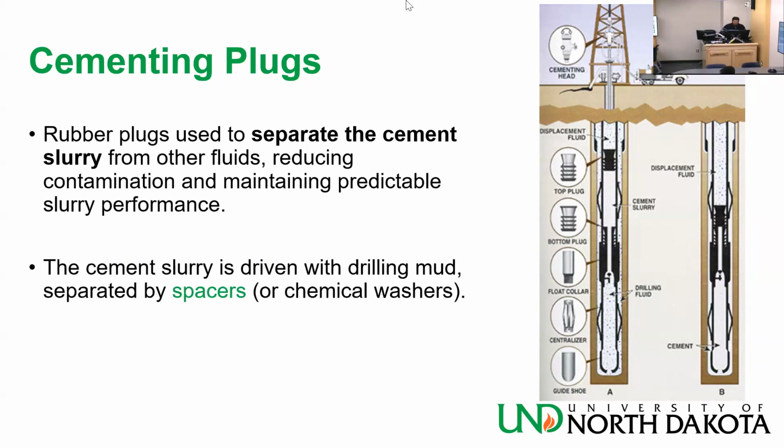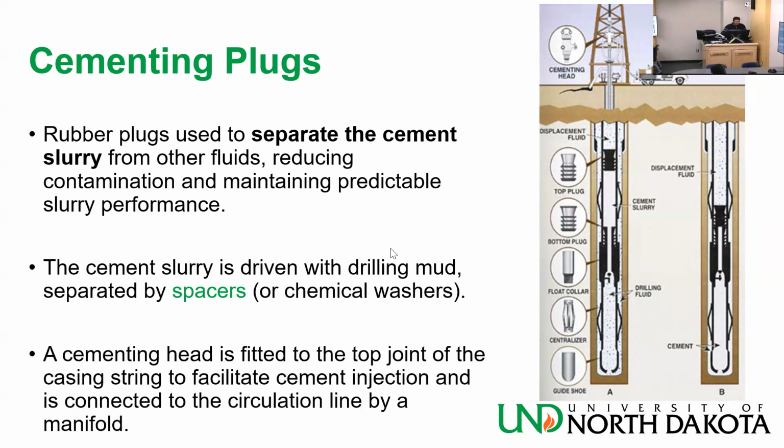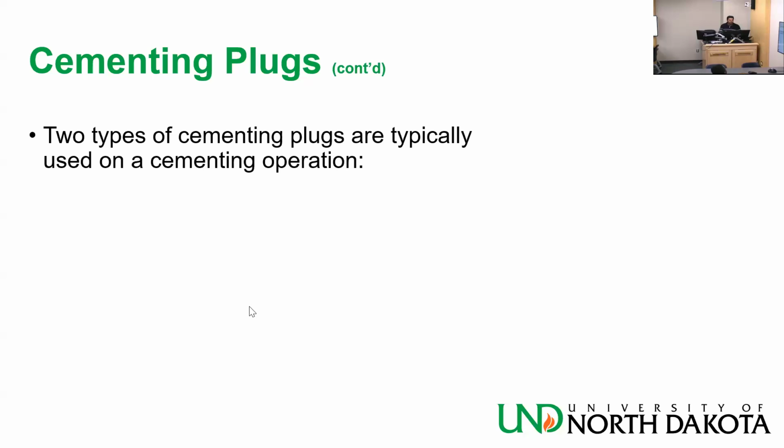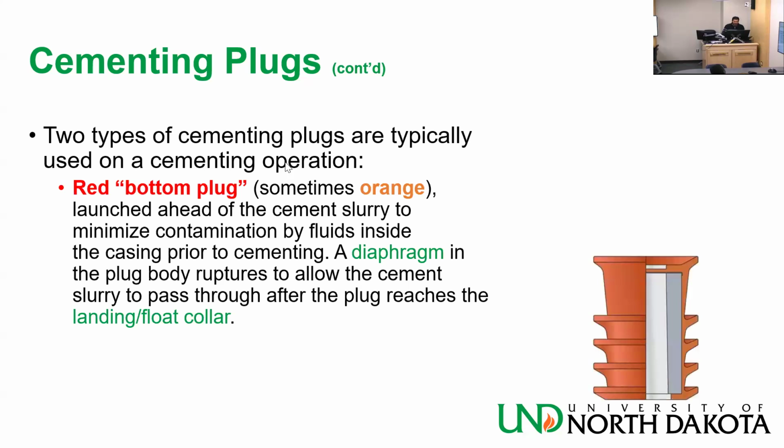The cement slurry is driven with drilling mud separated by spacers, which are chemical washers. A cement head is fitted to the top joint of the casing string to facilitate cement injection and is connected to the circulation line by a manifold. Now, two types of cementing plugs are typically used in cementing operation.